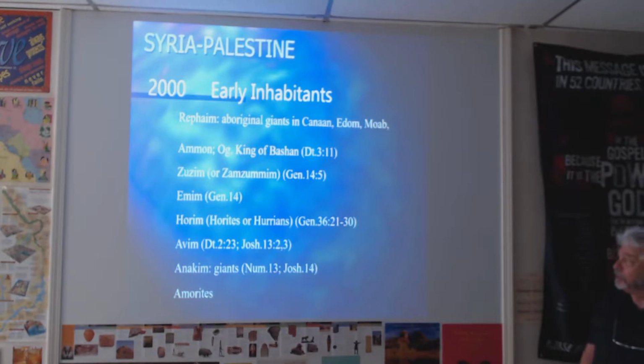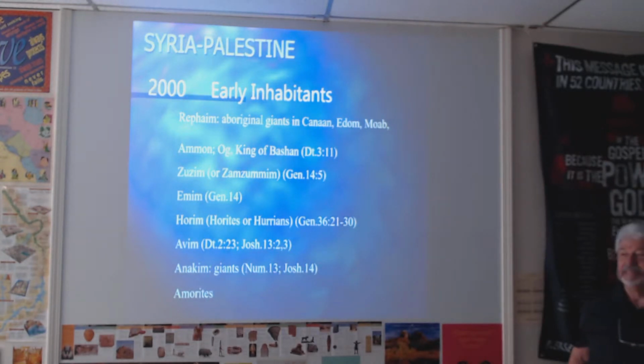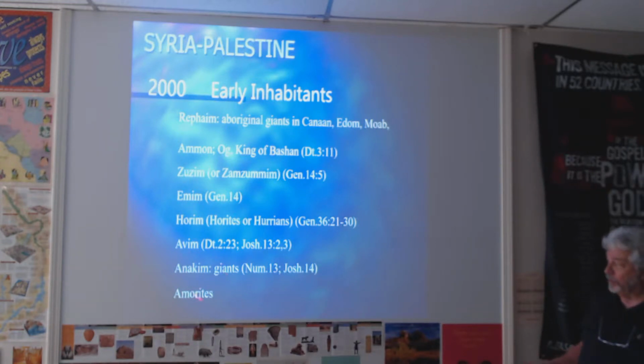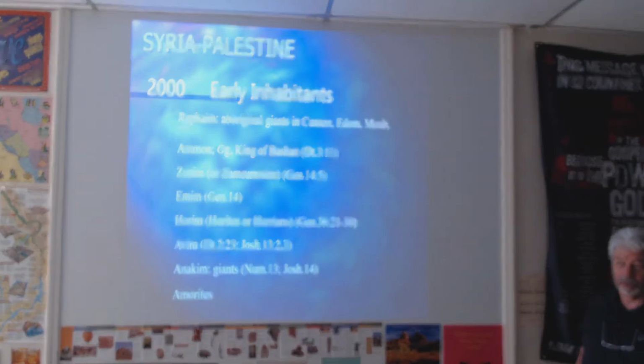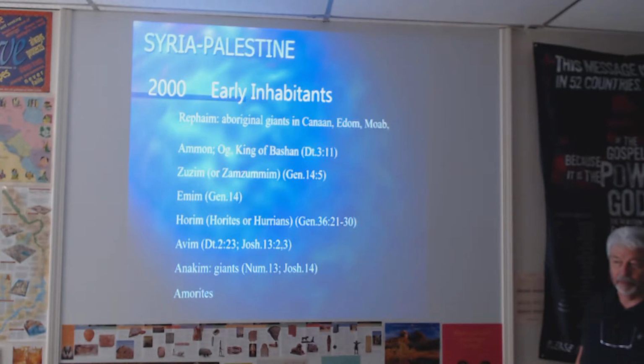Any questions? When did the giants stop? Because I know we don't nearly have anybody as tall as... Yeah, we do have some giants today. They seem to run in families, because here you got a whole tribe of people that are large. I'm not sure if they're still giants or not, but at one time in Africa, I think the Watusi were considered giants.